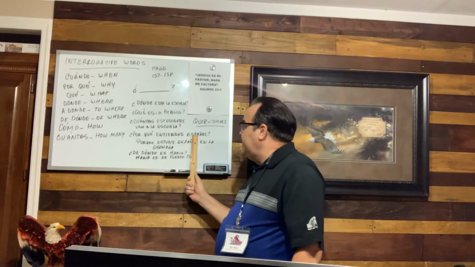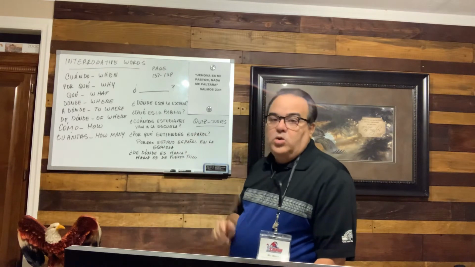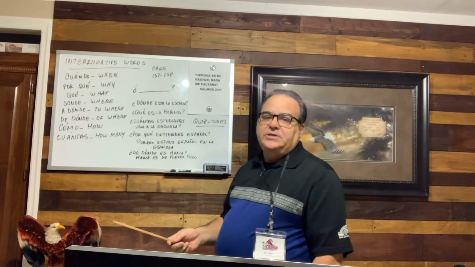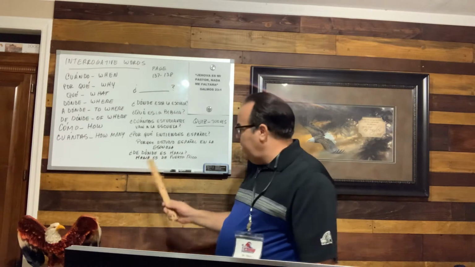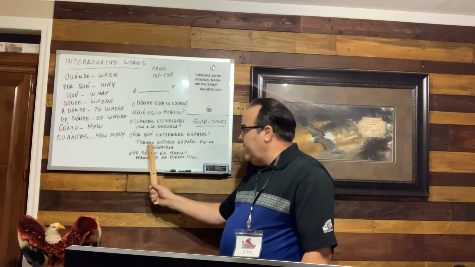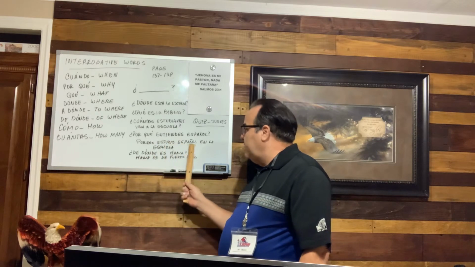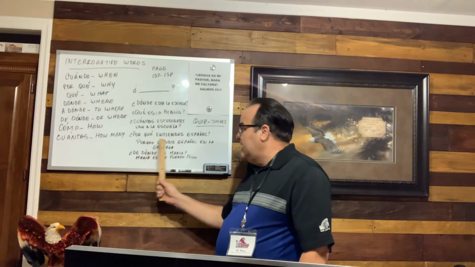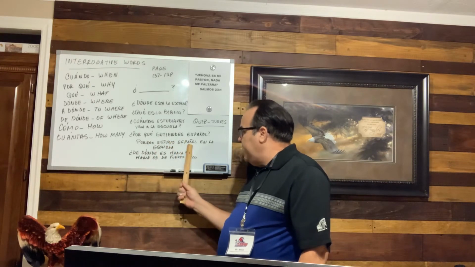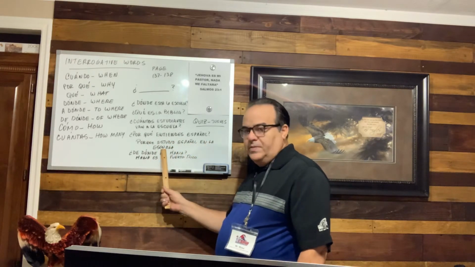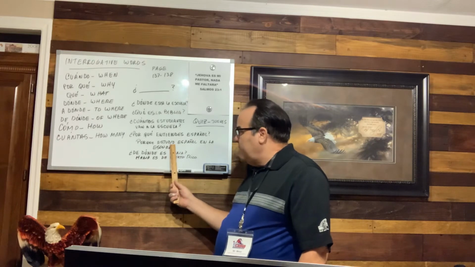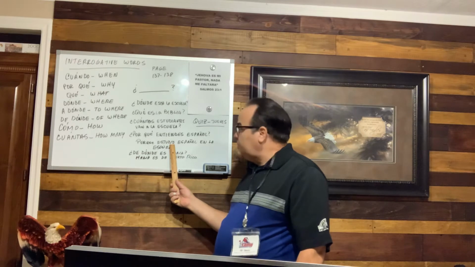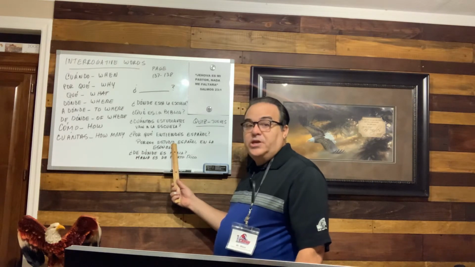And like I said, all the time when you have the question ¿por qué?, the answer is going to be porque, together, like here: porque estudio español en la escuela. Because I study Spanish in the school. Estudio comes from the verb estudiar, to study, with the O, which is the yo form.